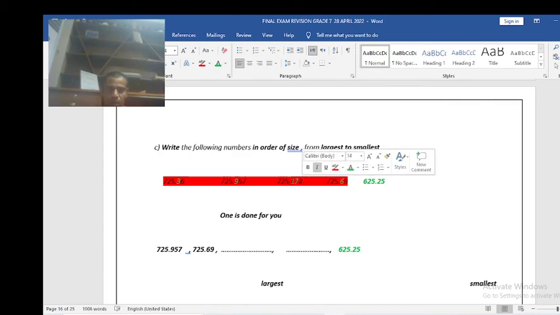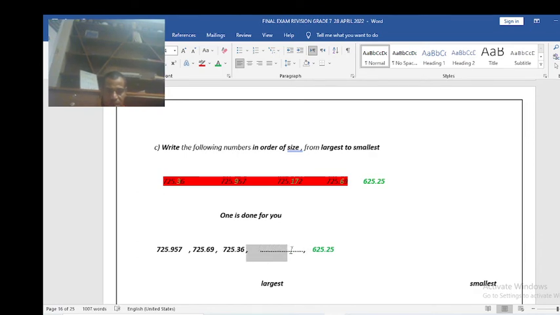Okay, no problem, we are going to work with the one here. Then we finished this one, and it's clear that 725.36 is more than 725.172. This I will write here, 725.36, then I will erase the rest.